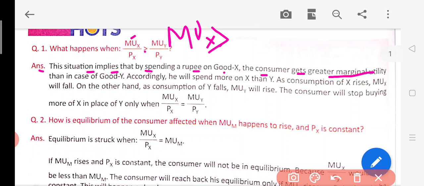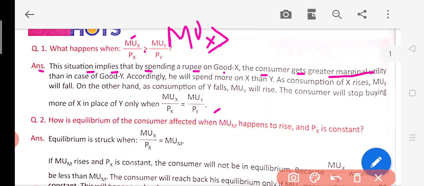When he spends more money on X good, the desire for X commodity will go down. Every time he spends money, the marginal utility of X will decrease, and one stage will come when it becomes equal to MUY upon PY.